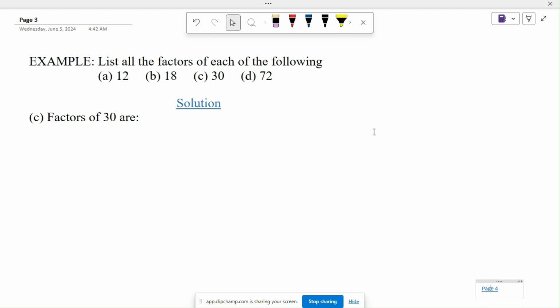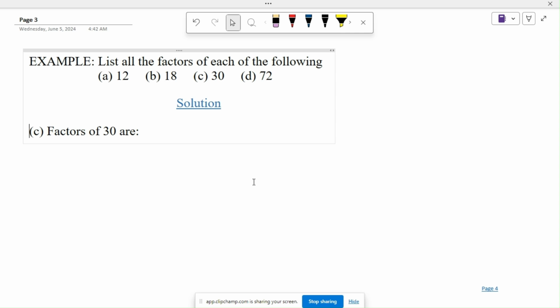Then we have the next one. We are considering 30 at the moment, right? Let's try and see the factors of 30. Like we did the other time, let's just keep it here so that we will not forget we are dealing with 30.